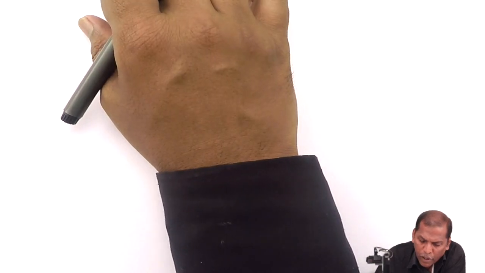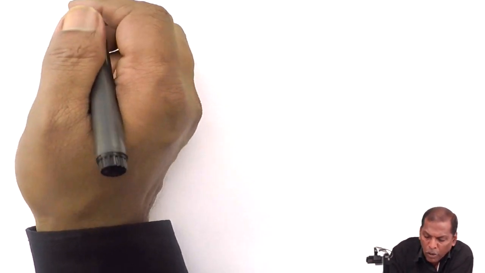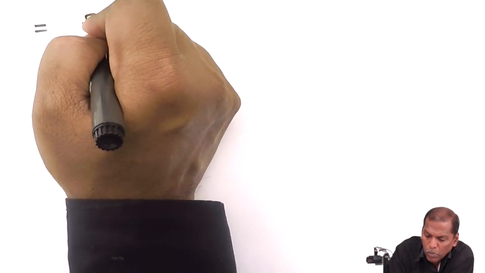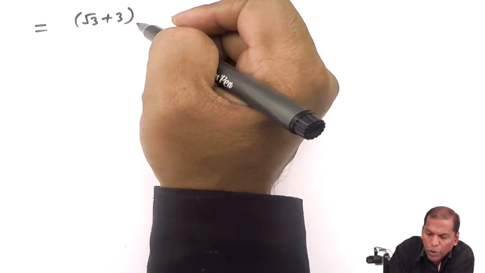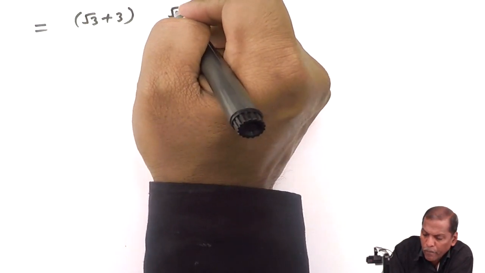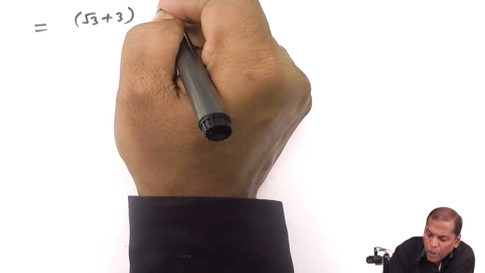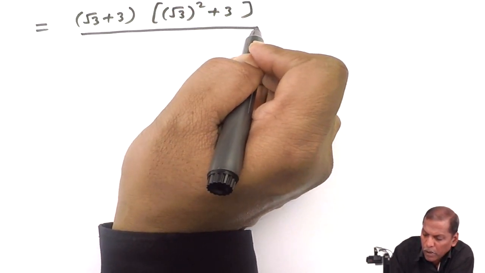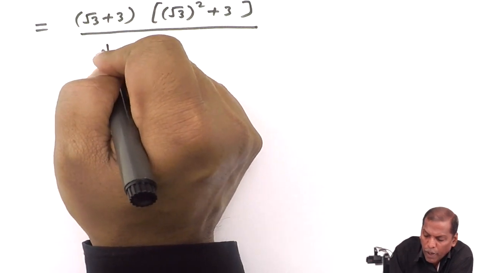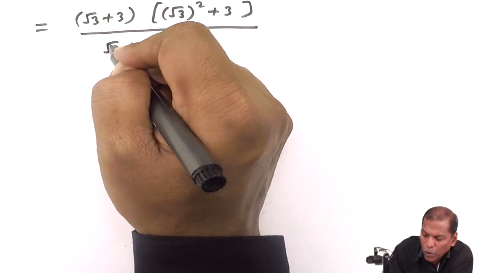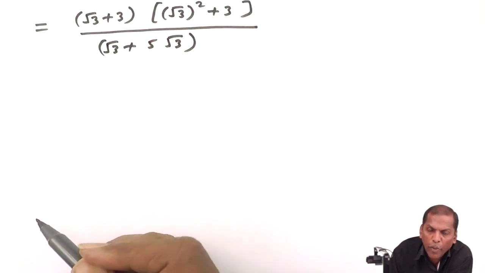Now we substitute the limit x equal to root 3 in the numerator and denominator. The next step will be equal to (root 3 plus root 3), that is the first bracket, (root 3) the whole square plus 3 in the second bracket, and then the whole thing divided by root 3 plus 5 root 3 in the denominator.